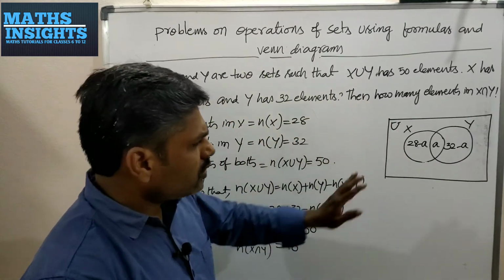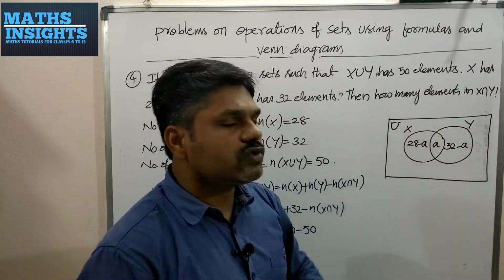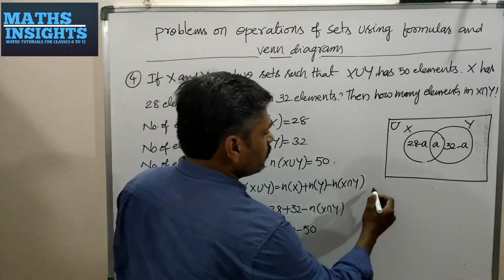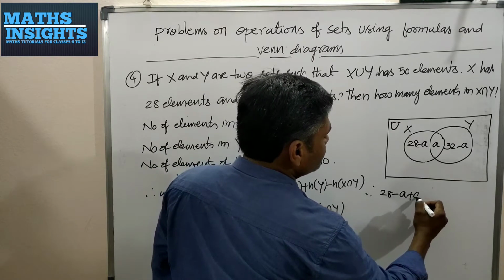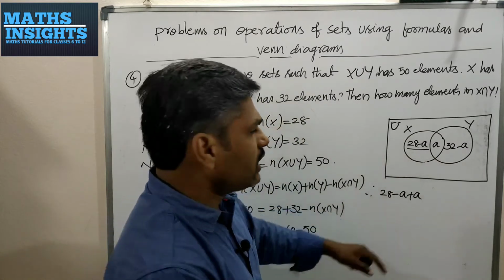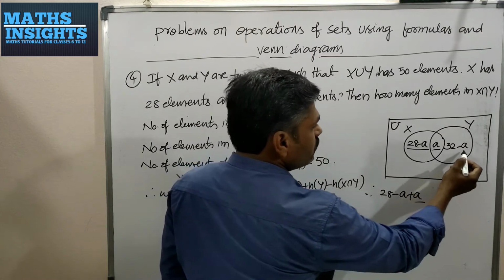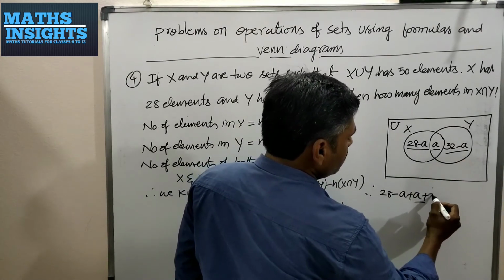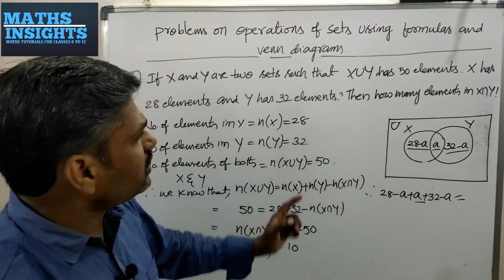And the total area will represent the union of these two sets X and Y. Therefore, 28 minus a, plus a, which is both X and Y, plus 32 minus a, which is only Y, is nothing but the number of elements in the union.